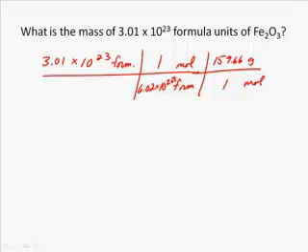So 3.01 times 10 to the 23rd divided by 6.02 times 10 to the 23rd times 159.66. So we end up with 79.83 grams of the iron(III) oxide.